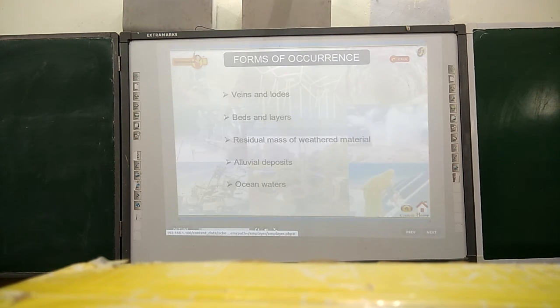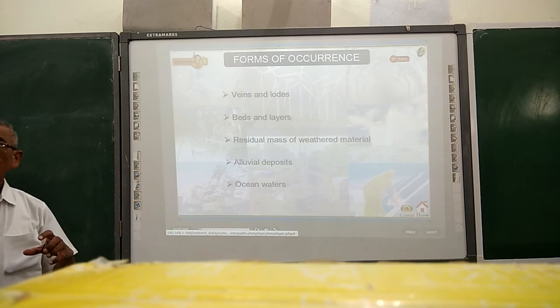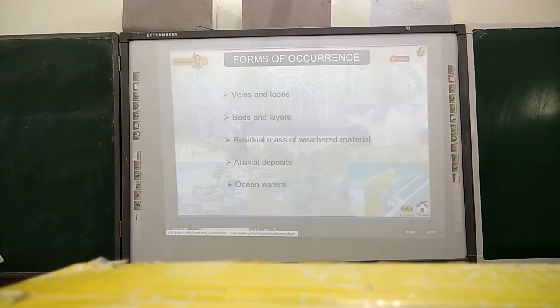Fourth is alluvial deposits, and fifth is ocean waters. These are the five areas where generally the minerals can be formed.